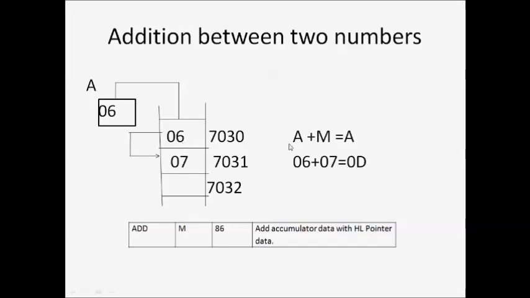As I told you, the microprocessor performs any operation with the accumulator. So accumulator plus memory is equal to accumulator. The accumulator contains 06, memory has 07, and finally the result 0D is stored in the accumulator.